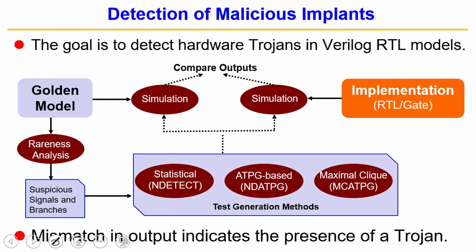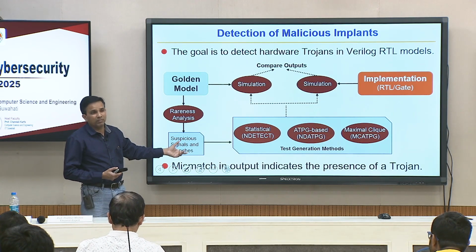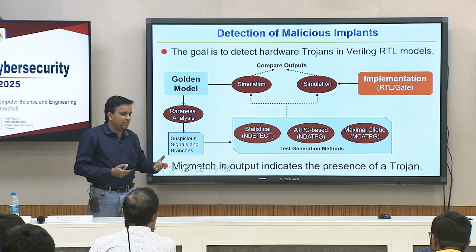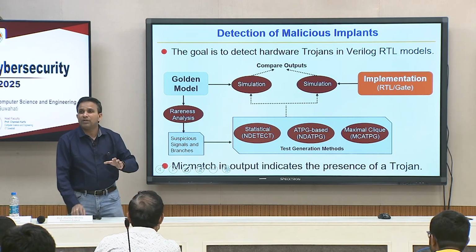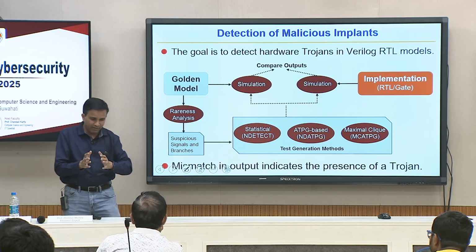Now, the way people use it in a cryptographic module, based on your threat model, you figure out what your suspect candidates are, and remember it does not have to be rare, because each of the steps is independent. You can manually add some more signals if the designer said, I believe this is where something might happen, this came from some part of the world, or if you believe that an attacker who knows you are only focusing on rareness will focus on rare as well as a little bit of non-rare.